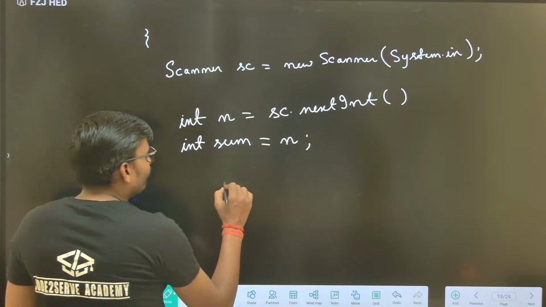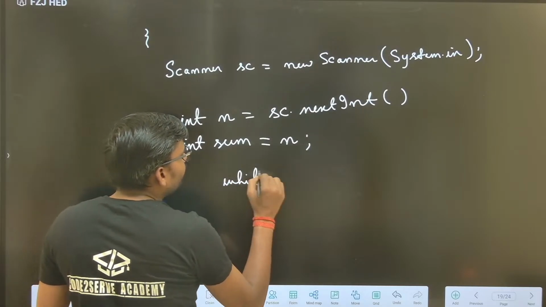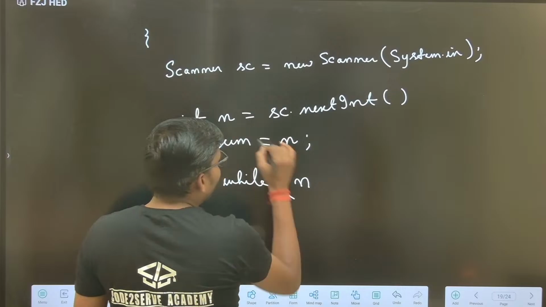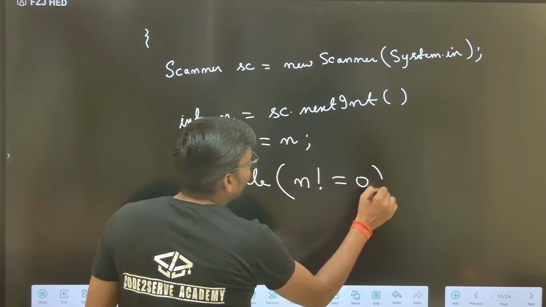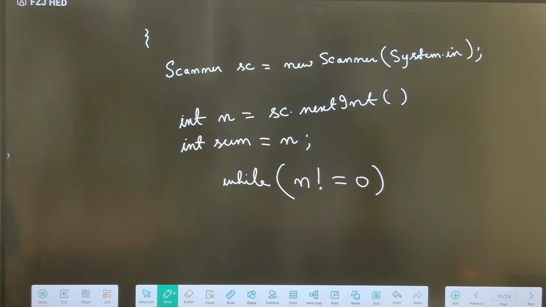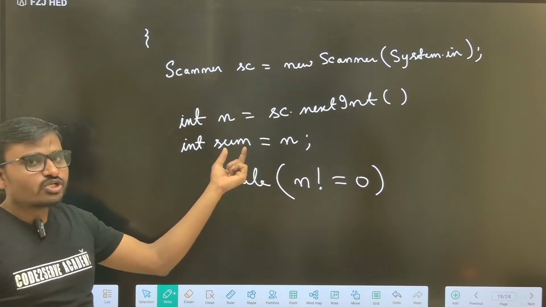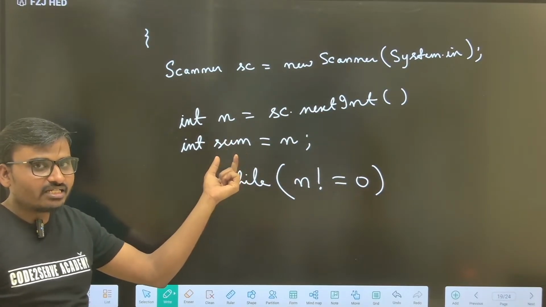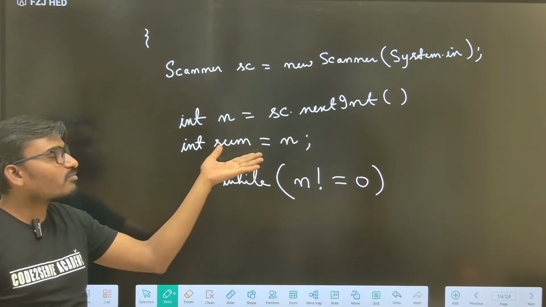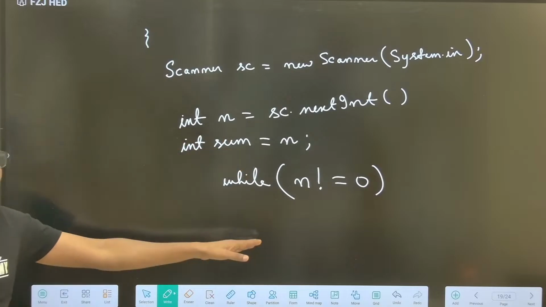So we write while n not equals to 0. That means if the first user input n was 0, this part will not get executed.